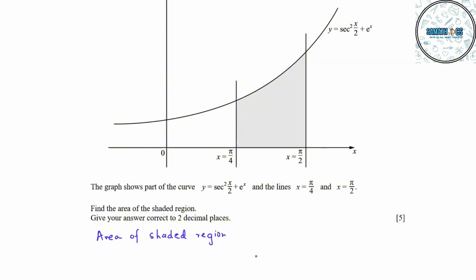So how do we take out the area under the curve? By integrating this curve, and the limits are pi upon 2 till pi upon 4.